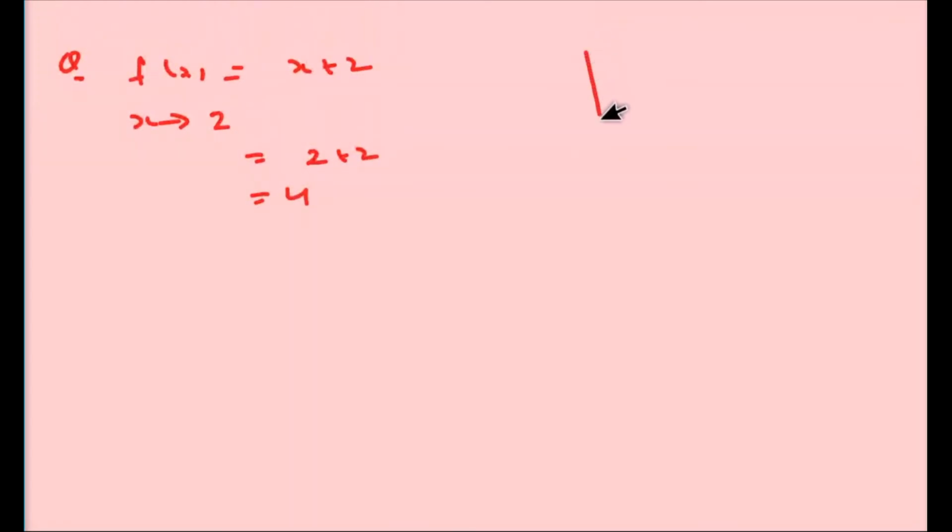It means if we draw the graph of this line, then at x equal to 2 we will find the value 4, and this point will be on the graph.